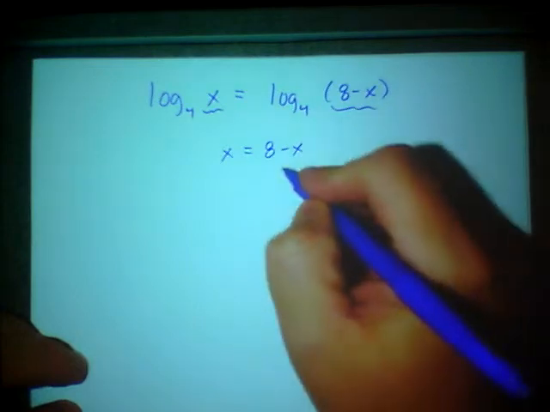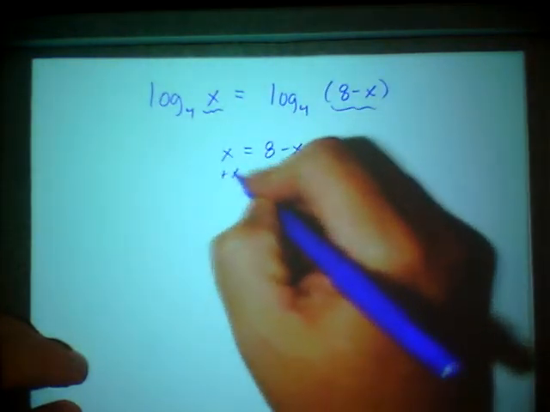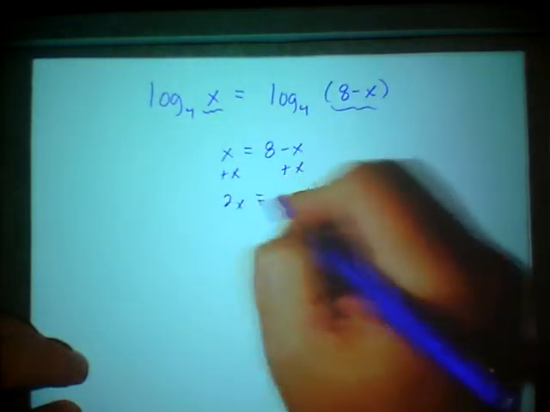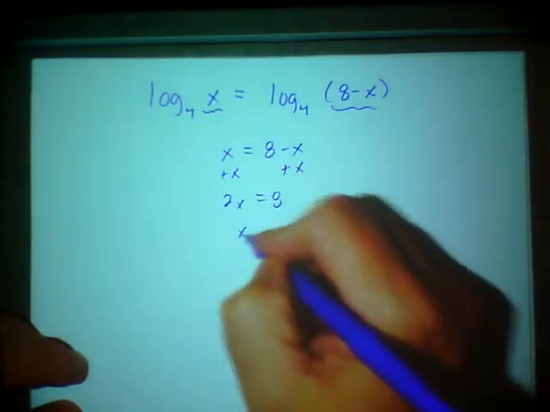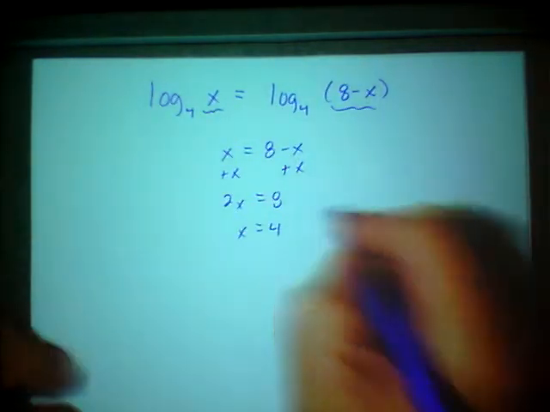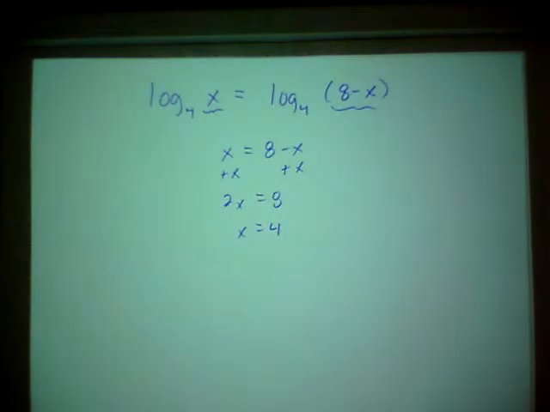Then if I solve this by adding x to both sides, 2x equals 8. And then I say x equals 4. Now you have to always be careful whenever you're solving an equation with logs. After you solve it, you always have to go back and check your solution.